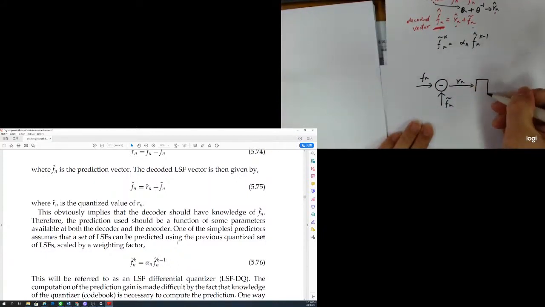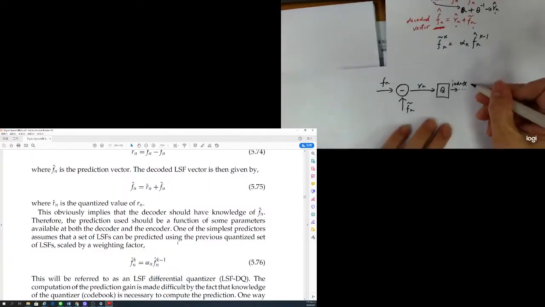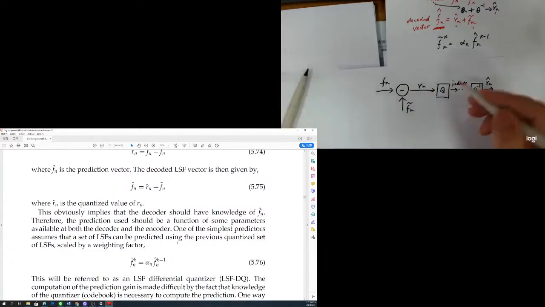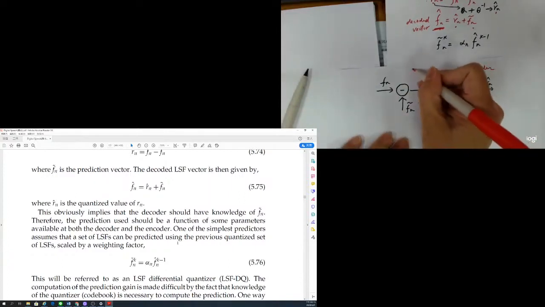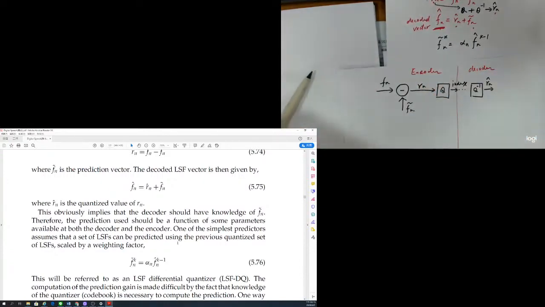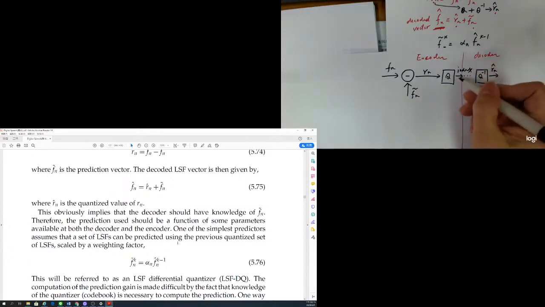During quantization you send the index to the decoder, and the decoder side will do the inverse and get R n hat. This is the decoder side, and this is the encoder side.